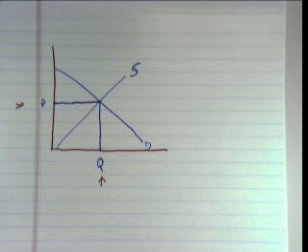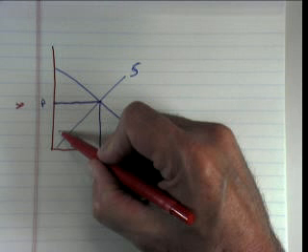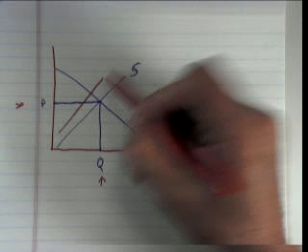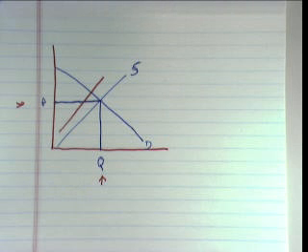But now what happens is, because the producers have to internalize the full costs of production, the supply curve shifts. Let's say the supply curve moves over here. Demand hasn't changed. We still like whatever we had at the price. We haven't changed at all.